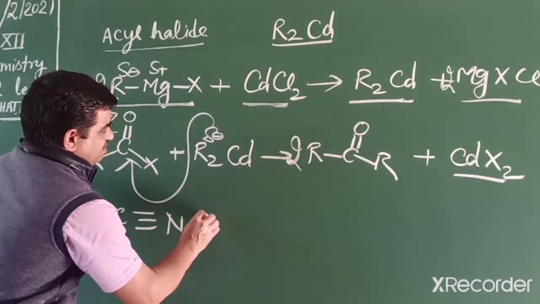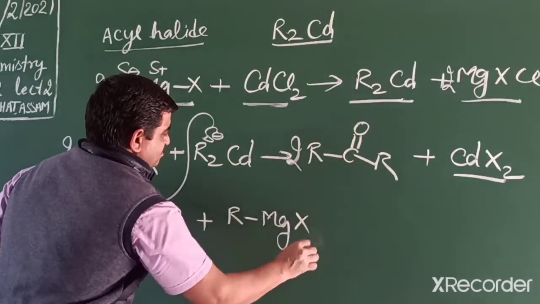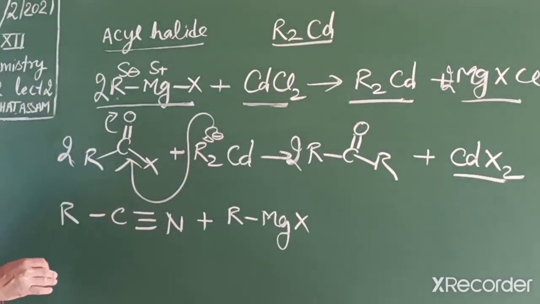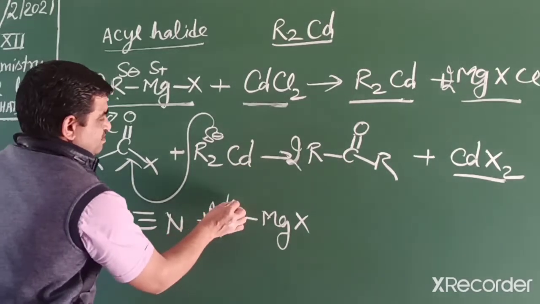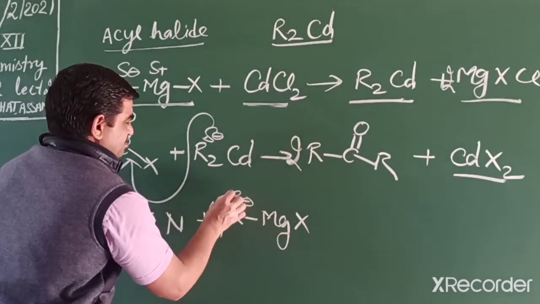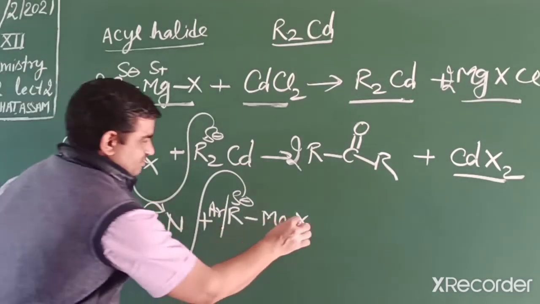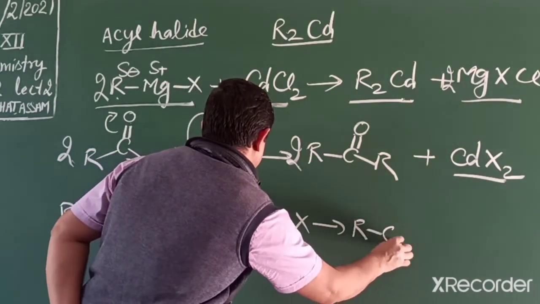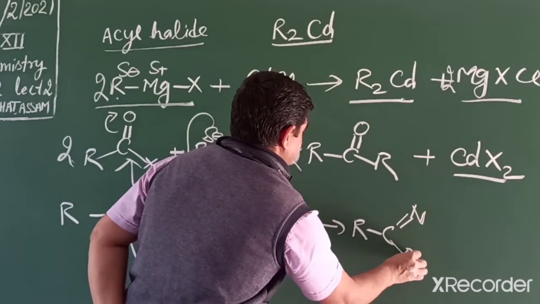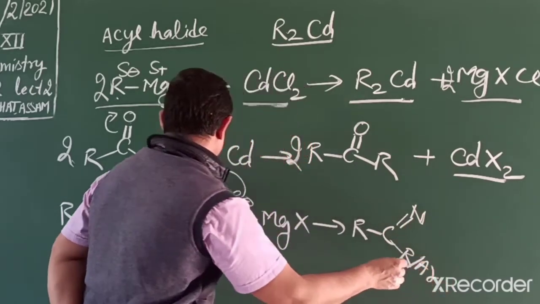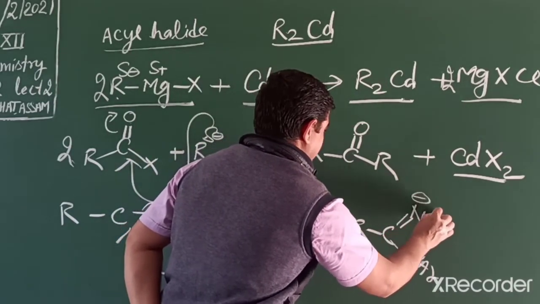So when nitrile reacts with Grignard reagent, which may be aliphatic or aromatic, the negatively charged carbon attacks the nitrile carbon. So what happens? We get a product with either R or Ar, and a negatively charged nitrogen, so MgX.